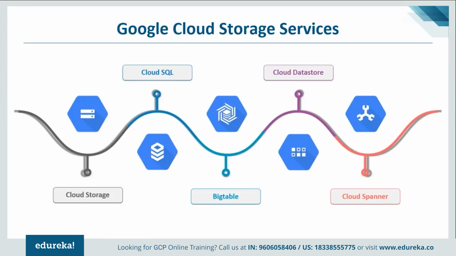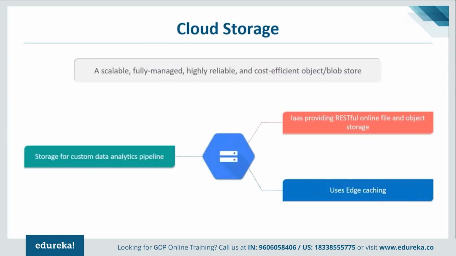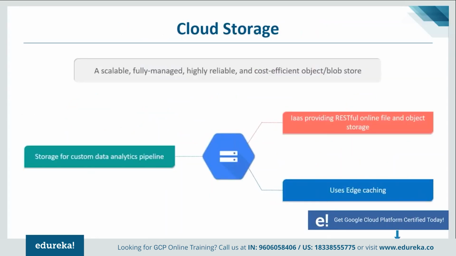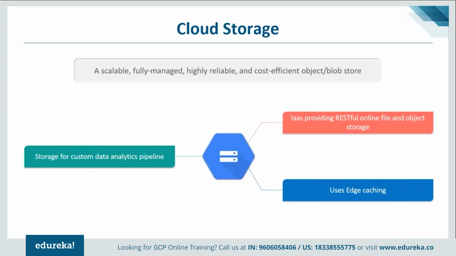So let's get started with Cloud Storage. Now, Cloud Storage is a scalable, fully managed, highly reliable, and cost-efficient object or blob store. It redefines what the industry can expect from online storage by providing a unified offering across the availability spectrum, from live data tapped by today's most demanding applications to cloud archival solutions, Nearline and Coldline.